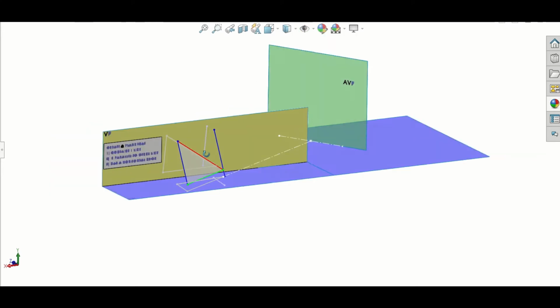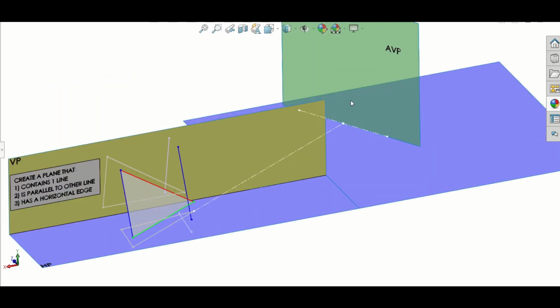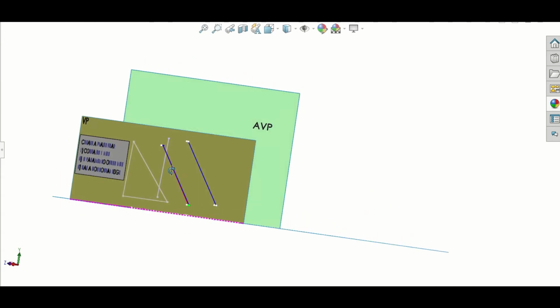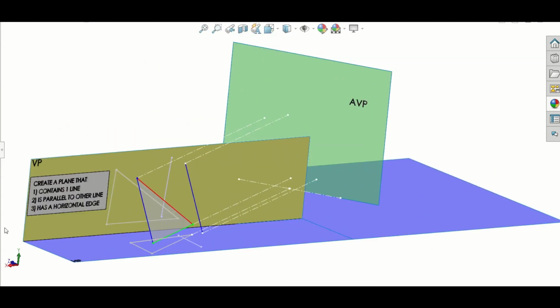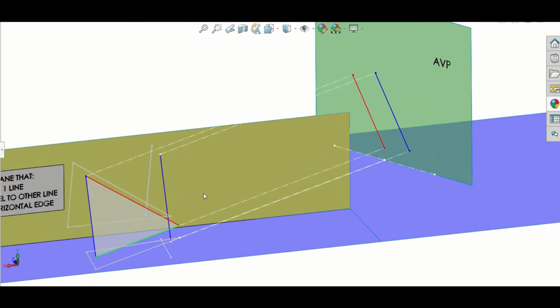I'm going to project the view onto that plane. So projecting everything from plan up, first of all. And once I do that, it gives me my blue line in position, and it gives me my red line in position. So that is an auxiliary view that shows the two lines appearing parallel.